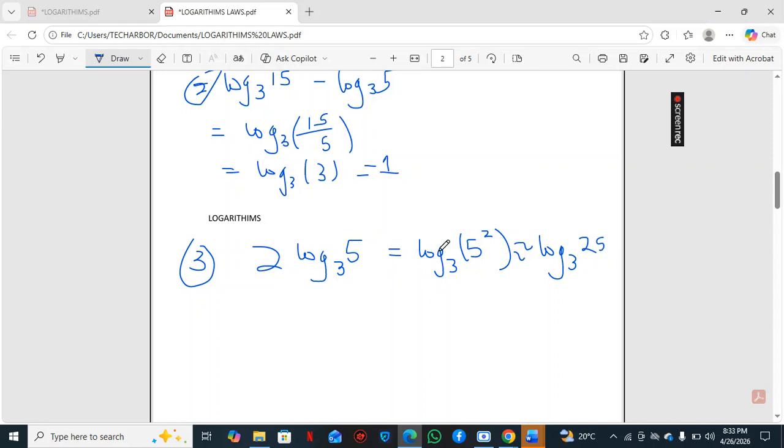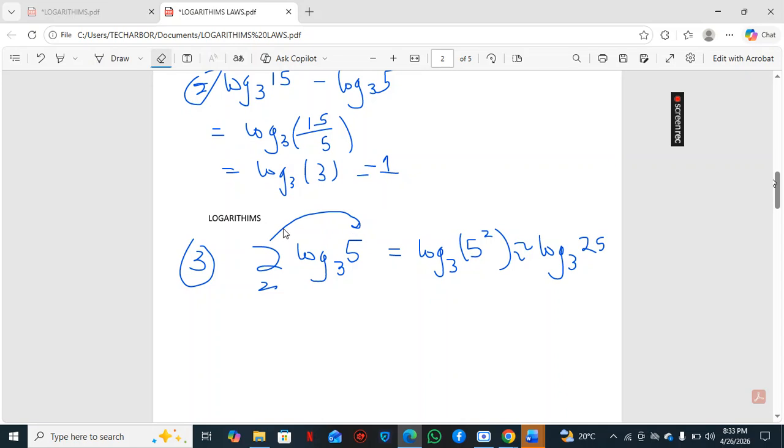So anytime you see a number in front of a logarithm, just know you have to apply the power rule. This number in front of the logarithm becomes the exponent to the value. This 5, remember, is the value.